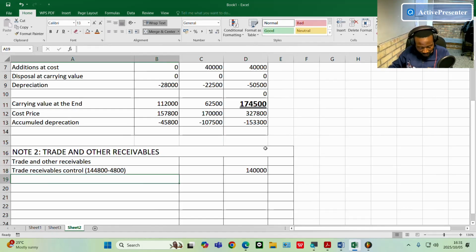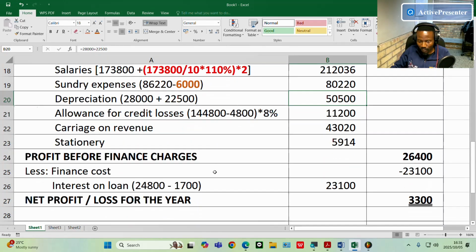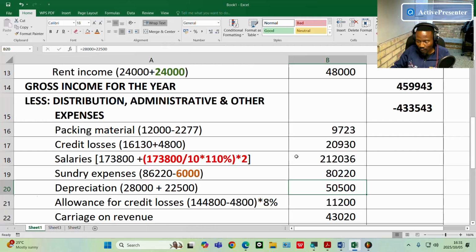Okay, and then you need to less your allowance for credit losses, the calculated amount. Remember, sometimes we'll be asked to adjust, and sometimes you'll be asked to create. Like in this case, they asked us to create, so it's straightforward. You're just going to take the amount we calculated. We're going to get it from the statement of profit or loss.